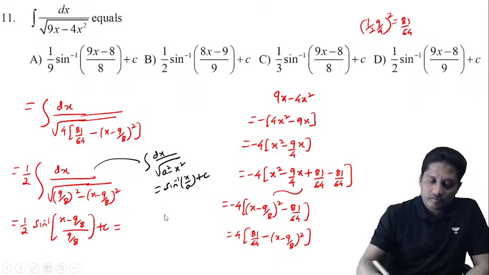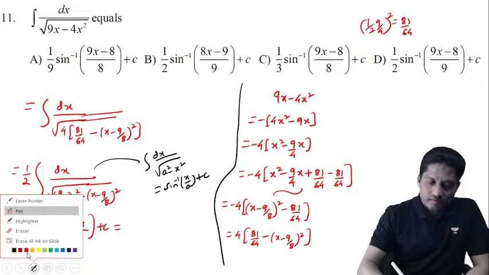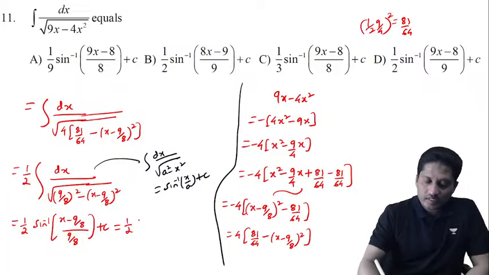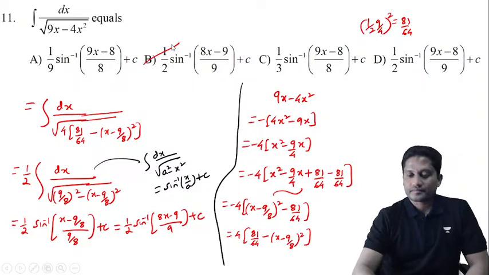That is equal to 1 upon 2 sine inverse of, take LCM 8, it will get cancelled, you get 8x minus 9 divided by 9, and plus c. Answer is option B.